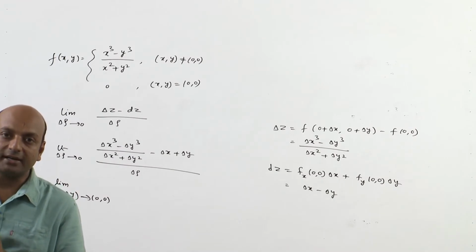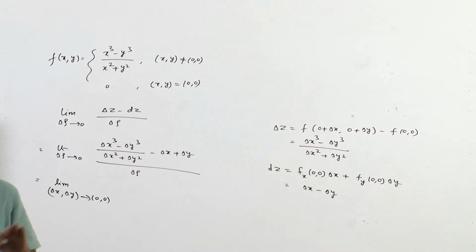When delta rho tends to 0, then (delta x, delta y) will definitely tend to (0, 0).